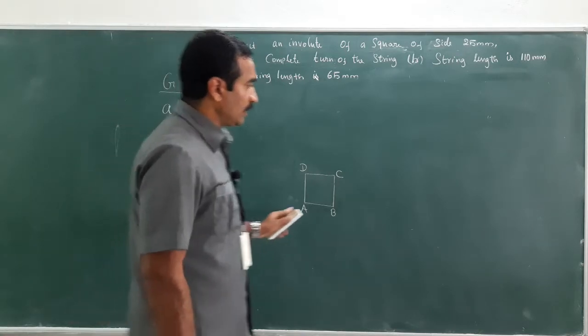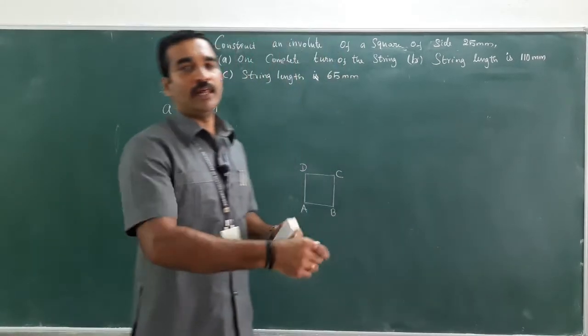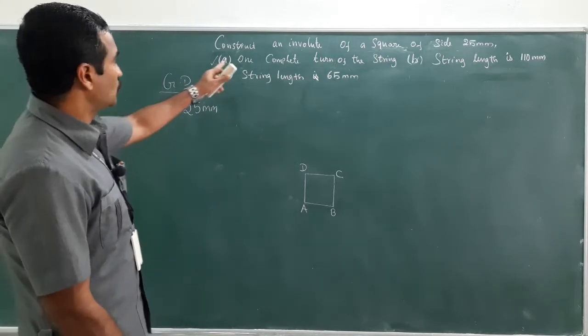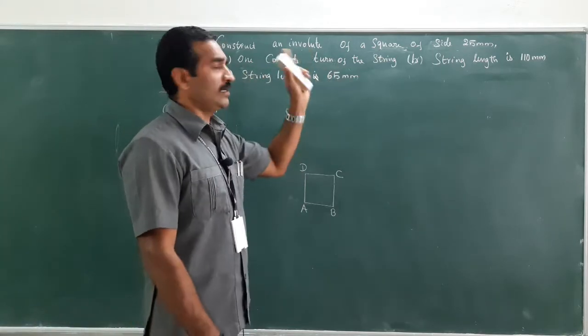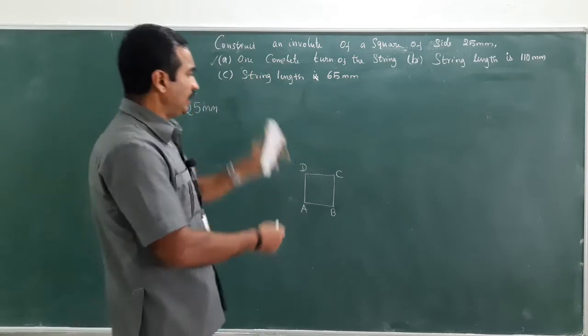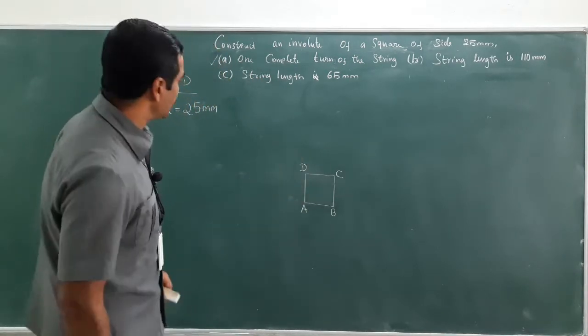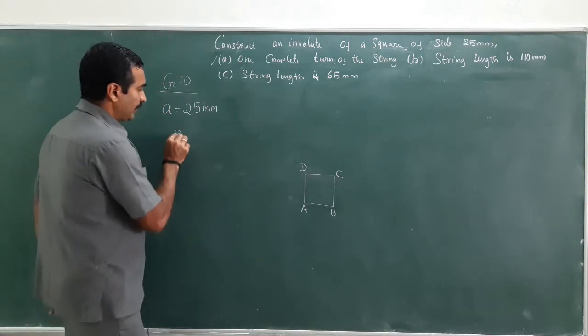And I need to know the length of the string. What would be the length of the string to complete one complete turn over the polygon? The polygon is a square, so one complete turn means the perimeter.